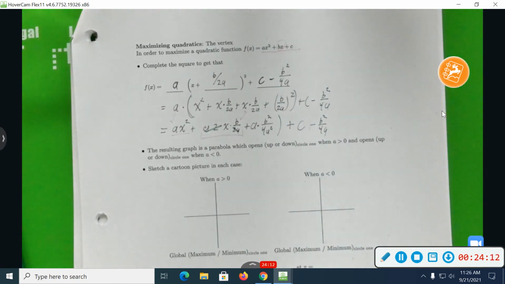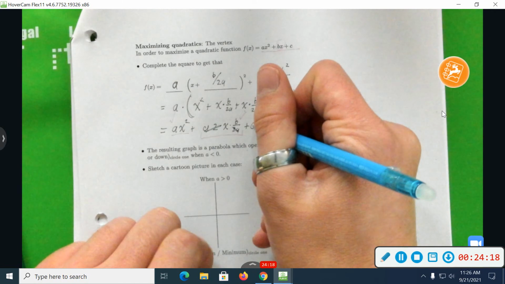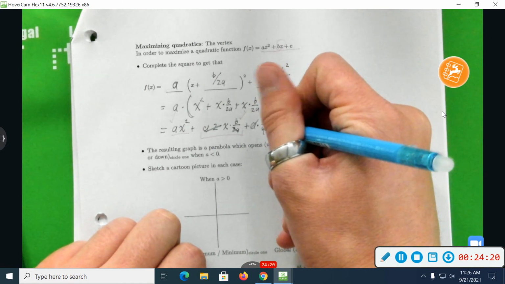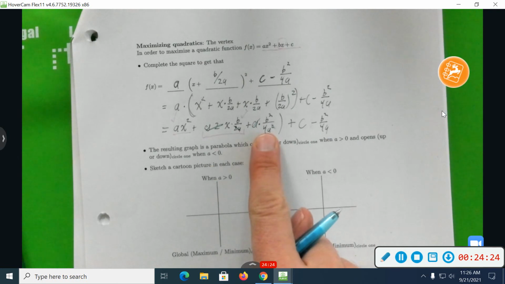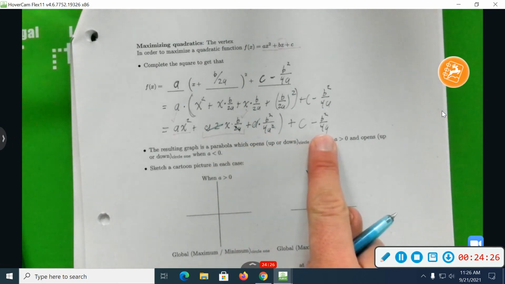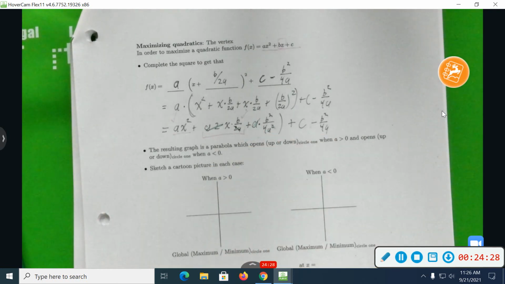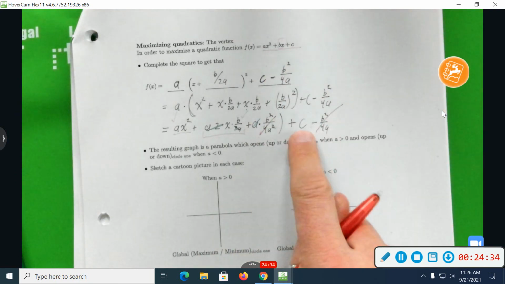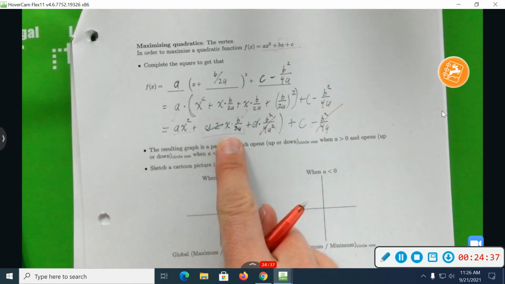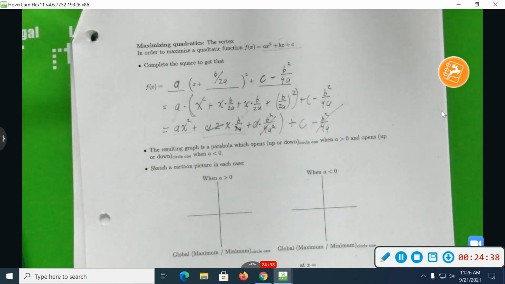How do people feel so far? All I'm doing is double checking the formula is correct. And finally, this a will cancel with one of the a's in the denominator, leaving me with plus b squared over 4a minus b squared over 4a. So those will cancel, leaving me with the constant term. So ax squared plus bx plus c. So yeah, the formula is correct.